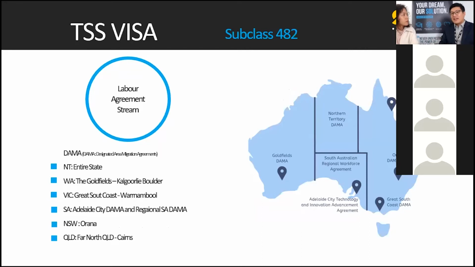The DAMA is not a visa. Many people misunderstand. DAMA is a kind of agreement, because regional areas have difficulty recruiting workers under the current migration policy. For example, if you are a qualified chef, are you going to find an employer in Sydney or in Darwin? The migration policy in Sydney and Darwin is the same.